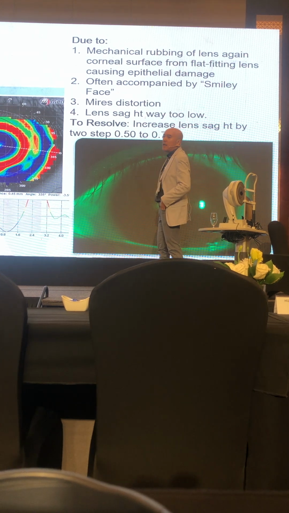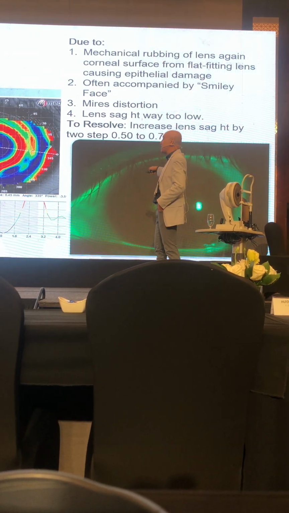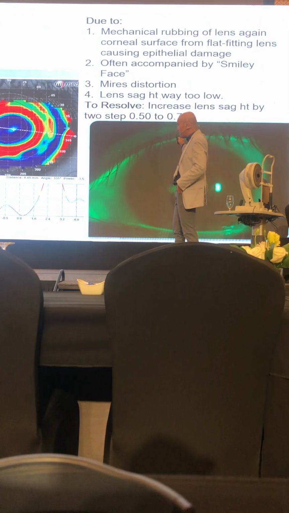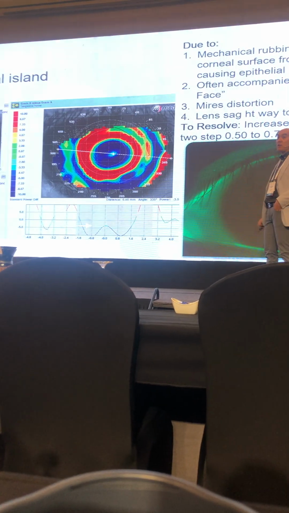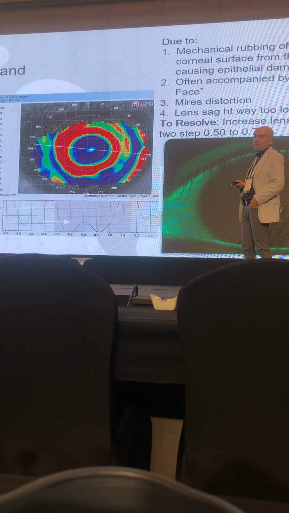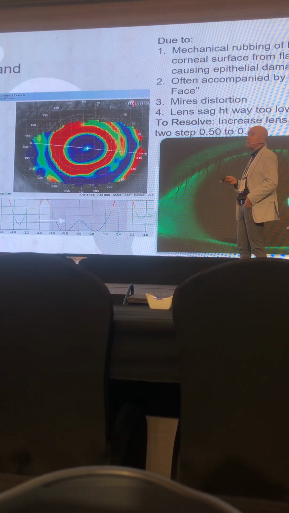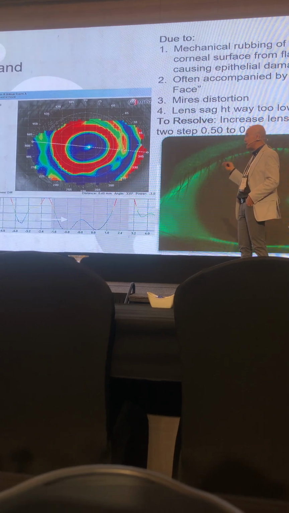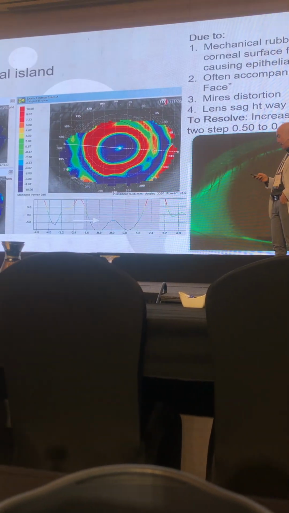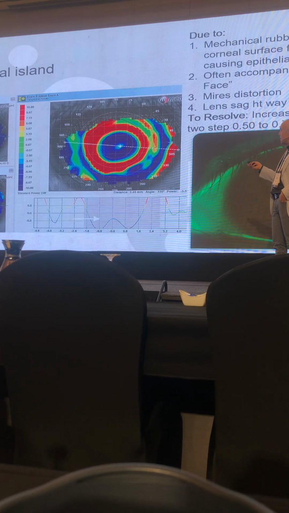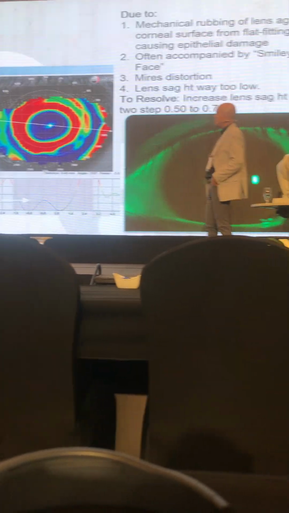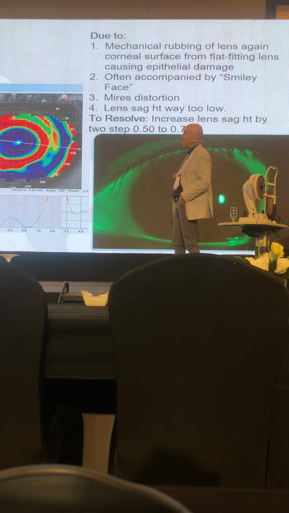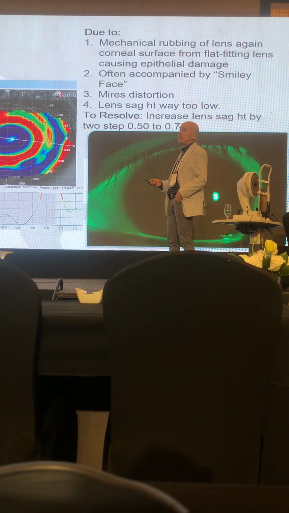The erosion distorts the map, confuses the topography software, and gives you this central island. We call it a fixed central island. Here you have to be careful. You have to steepen the lens. You wait until the cornea erosion or SPK subsides, then you do a refit. Okay?